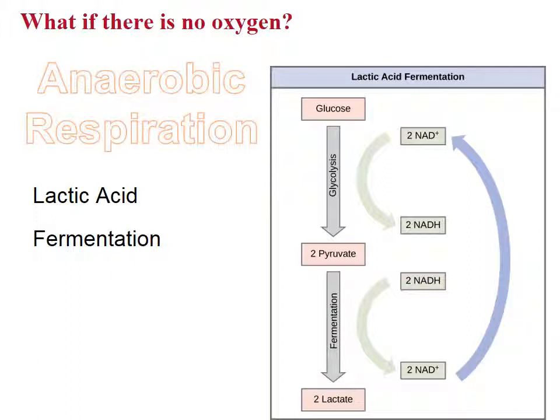The whole reason it does this is to generate a whole bunch of NAD+, because it is needed to split glucose. So your body is relying on the first stage, glycolysis, which only produces 2 ATP, but that's its only option. It's going to produce this lactic acid so that it can generate more NAD+, and therefore produce more ATP, but it's just the 2 ATP for every glucose molecule.